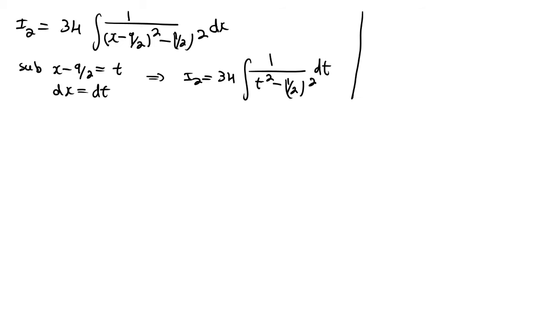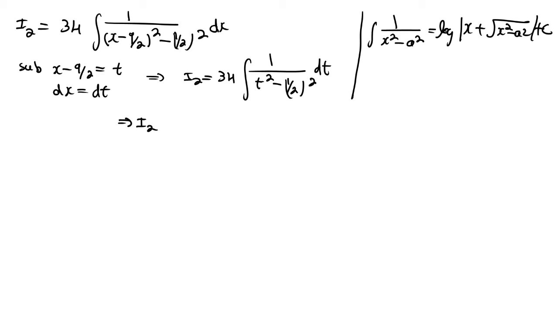Again see, we have the formula, right: integration of 1 by square root of x square minus a square. What's the formula? It is equal to log of mod x plus square root of x square minus a square, plus c. So this implies I2 value is equal to 34 into log of mod t plus square root of t square minus a square, where a is 1 by 2 whole square.